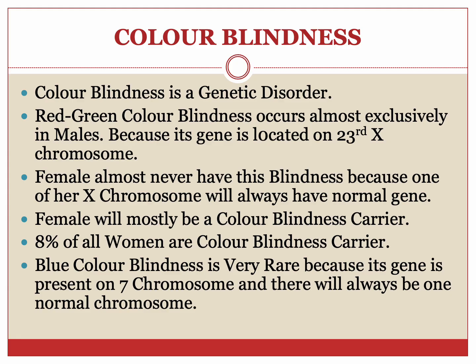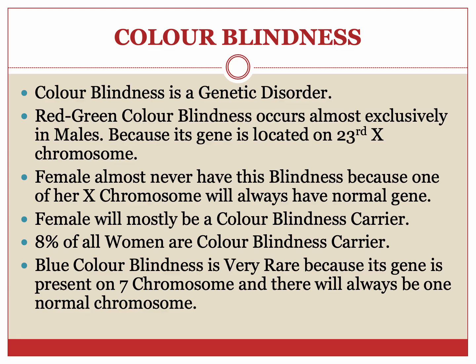So if one is defective, another might still be normal, so she will be able to see that color clearly. Because of this, females will mostly be color blindness carriers. Like out of all women, 8% of women are color blindness carriers. Okay. This was for red green color, but for blue color, its blindness is very rare.